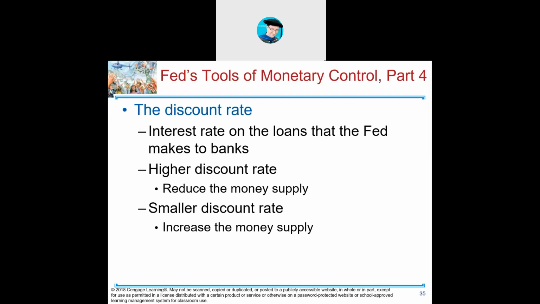So I mentioned this word, discount rate. For those of you who recall when we talked about stocks and bonds, there is this concept called the discount rate. When you think of an interest rate, that's when you borrow and you have to pay back the principal balance plus interest.